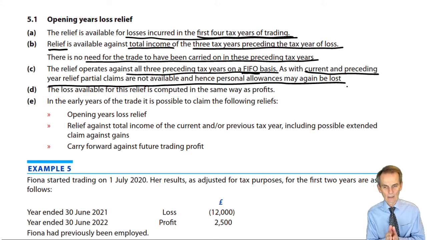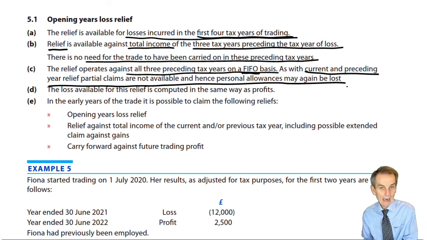Now be careful here. When we looked at what we saw from the outset in this chapter, relief against the total income of the current tax year and or preceding tax year, it was and or. They were 2 separate claims. If you wanted to claim for 1 year and not the other, you could choose to do that.